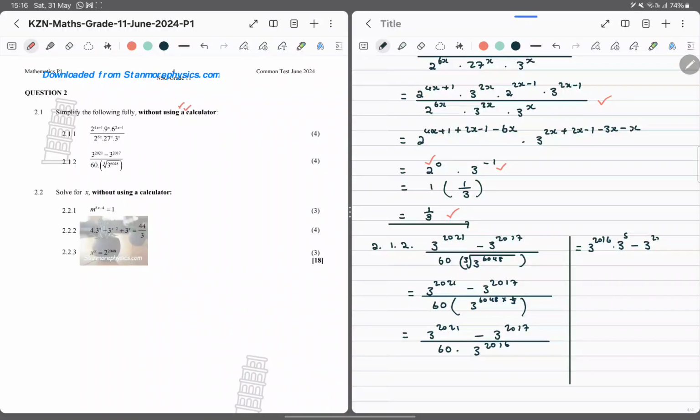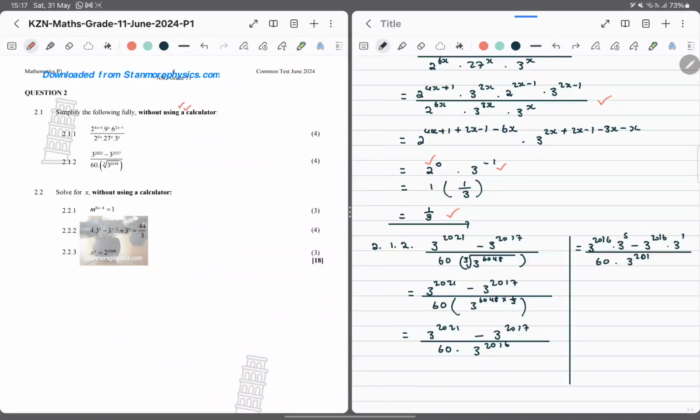Minus 3 to the 2016 times 3 to the 1. Exponential rules, guys. So this is going to be 60 times 3 to the 2016.